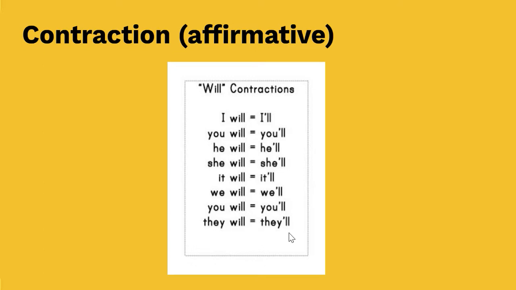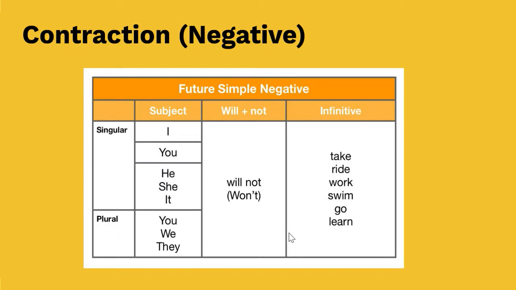So that is a contraction for the affirmative sentences that you can use if you want. And also the most common way to use the negative form is will not, as I told you. For all the subjects, we use not, but the contraction is won't. That is the most common.